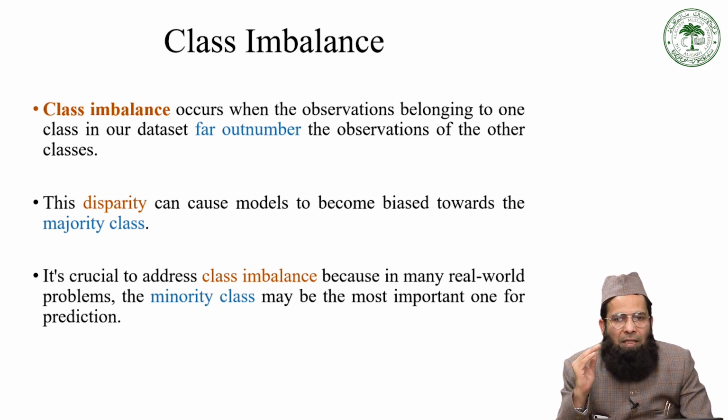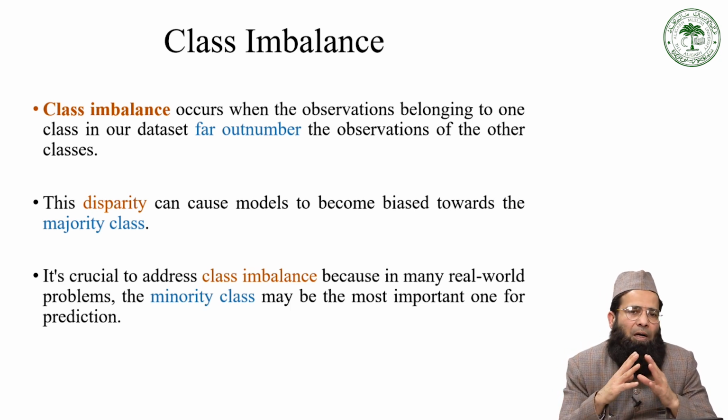So the minority class may be the most important one for prediction, and failing to correctly identify instances of the minority class can lead to significant consequences. So for that purpose, we need to handle the class imbalance problem as well.